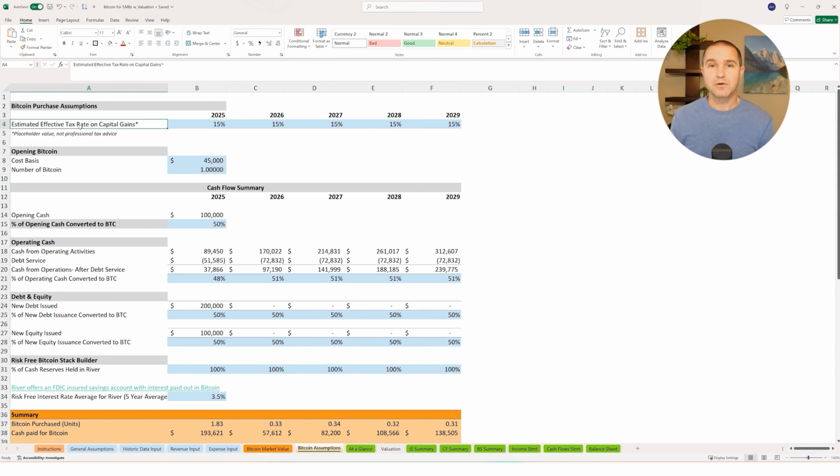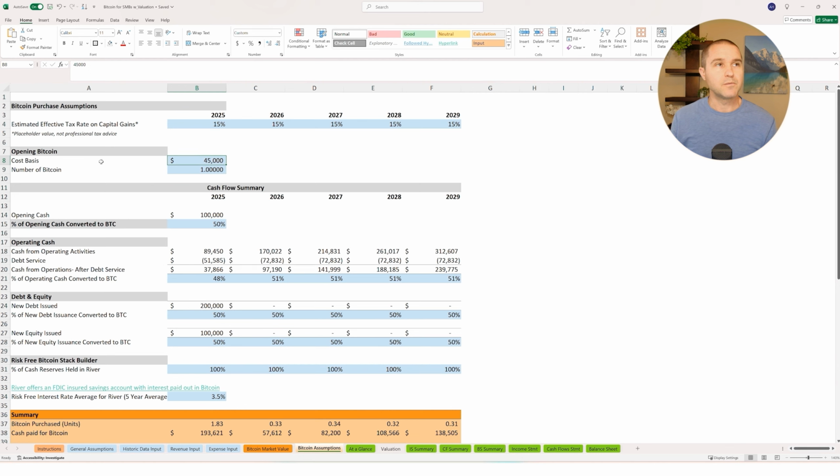And when it sells that Bitcoin, it may create a capital gain depending on what the price of Bitcoin is in that month when the sale is triggered. And so this effective tax rate is an assumption here that we need to know how much to tax that projected gain on the sale.